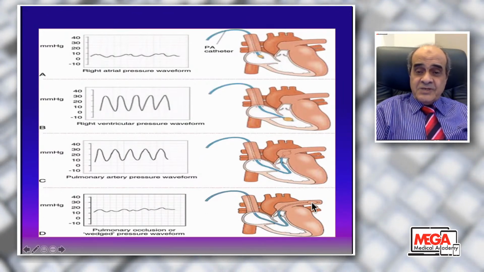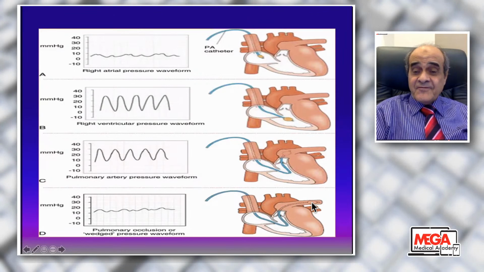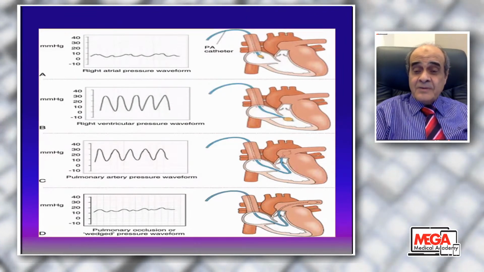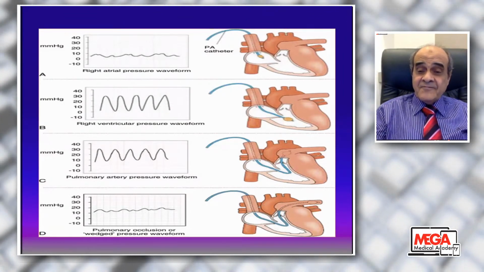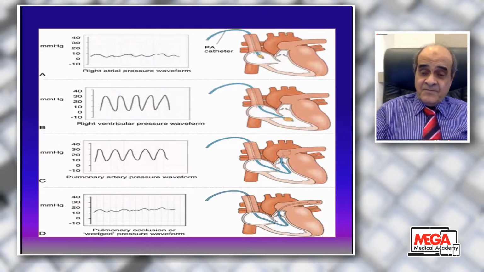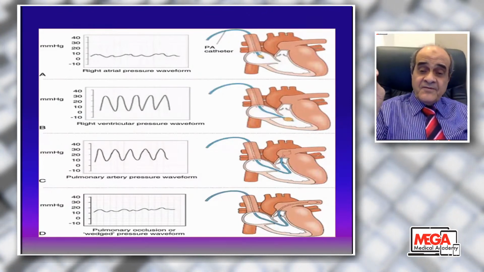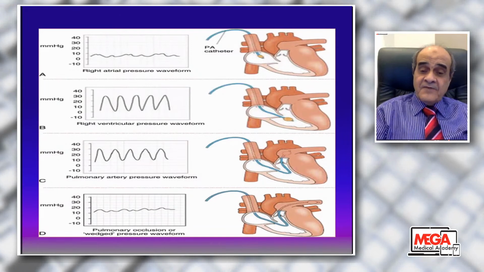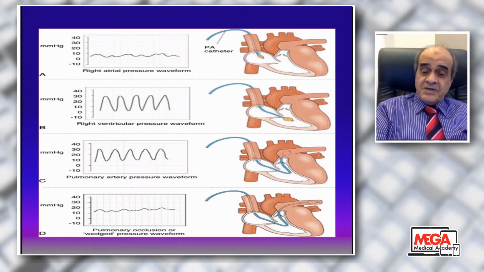This is the wedging which reflects the left side, giving you an idea about the left side volume and pressure indices: the left ventricular end-diastolic volume and left ventricular end-diastolic pressure.